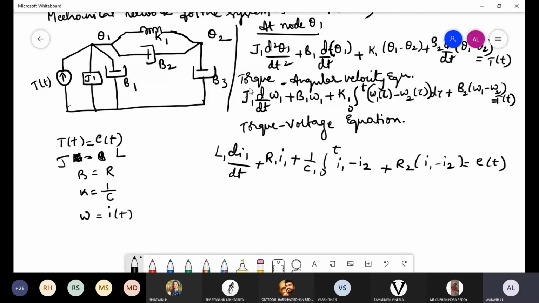Here we can consider I1 of tau, I2 of tau, and d tau properly. So that equation will be complete. This is the torque voltage equation.